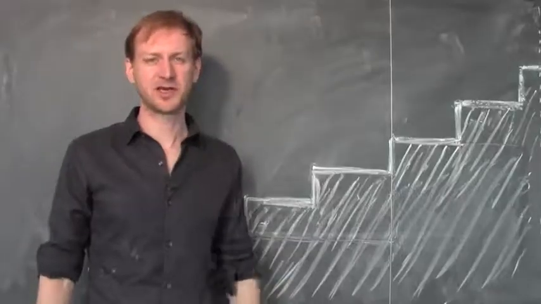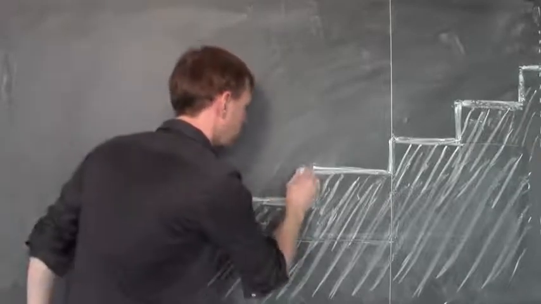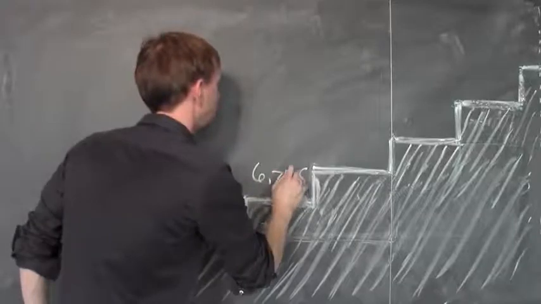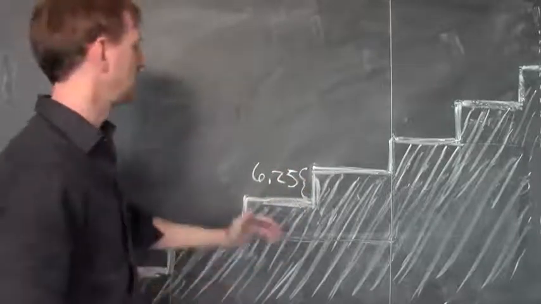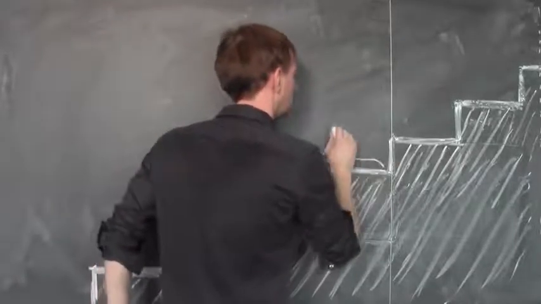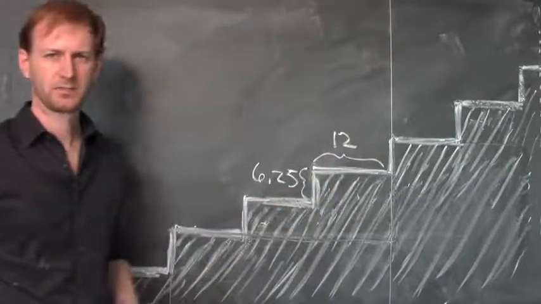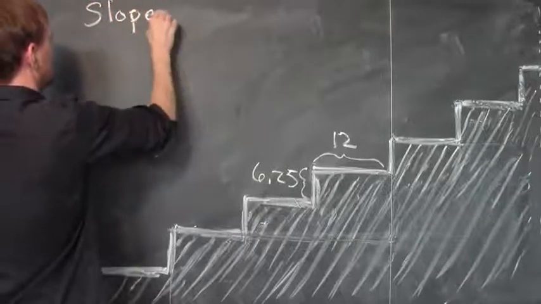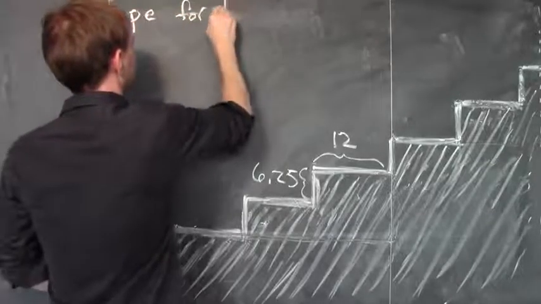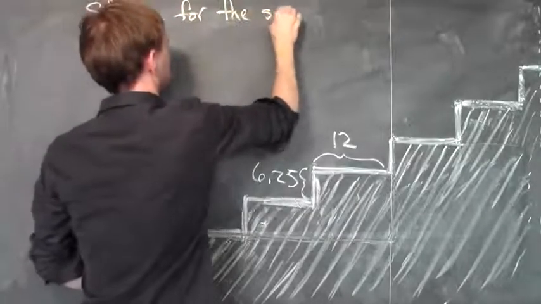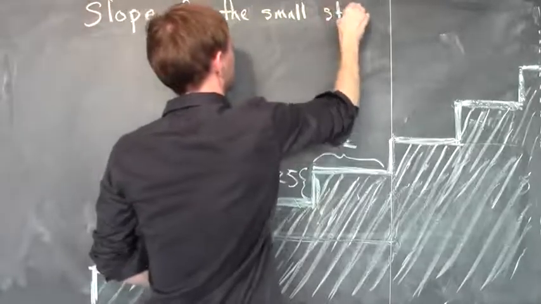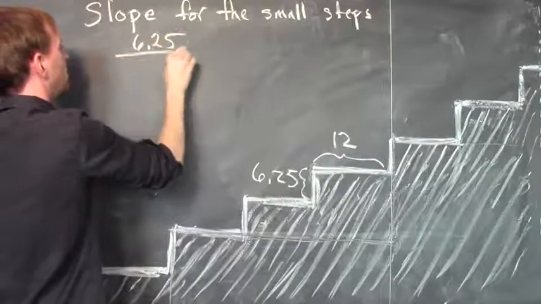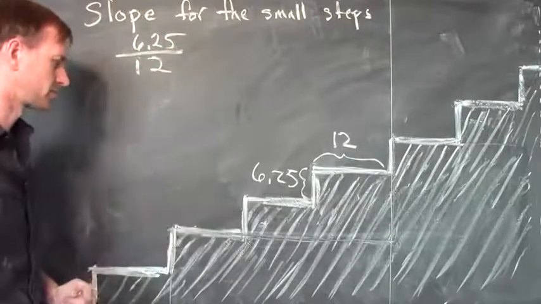So we've measured our stairs, and we found out that the small steps went up by 6.25 inches, and they were 12 inches wide. Okay? This gives us a slope for the small steps of 6.25 all over 12.